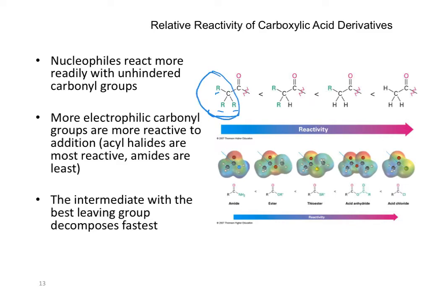On the other hand, if you have only hydrogen, there is basically no hindrance or induction offered by an alkyl group, so the C double bond O is very available.